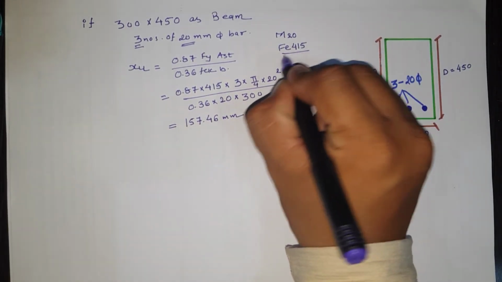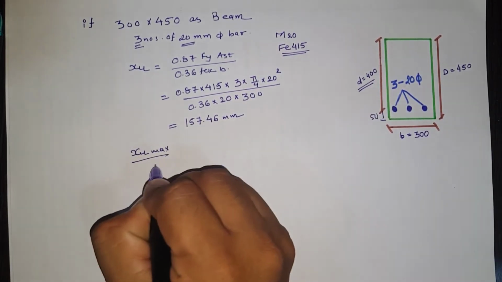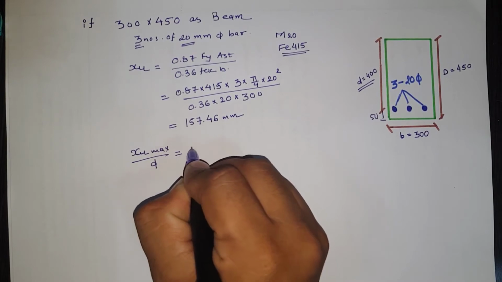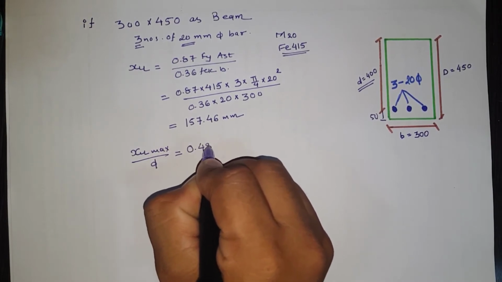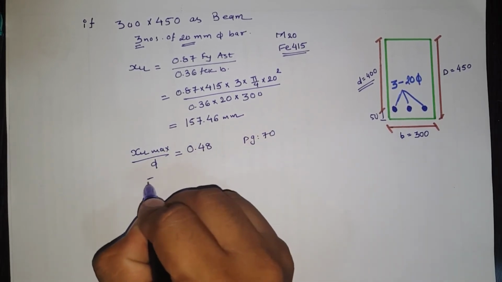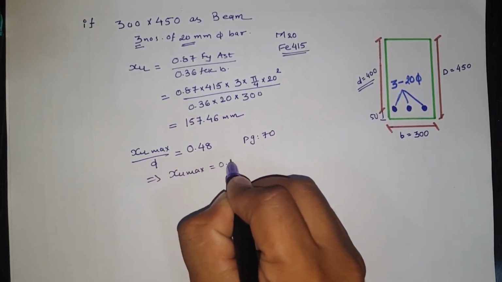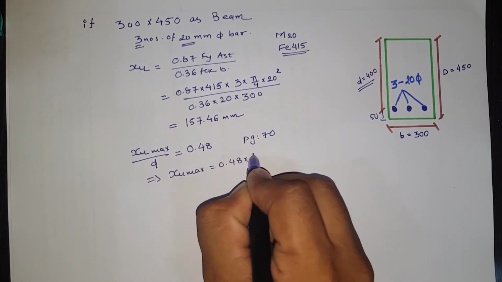Now for Fe415, xu max divided by d is equal to 0.48, from page number 70. It means that the maximum value of the neutral axis is 0.48 into d.